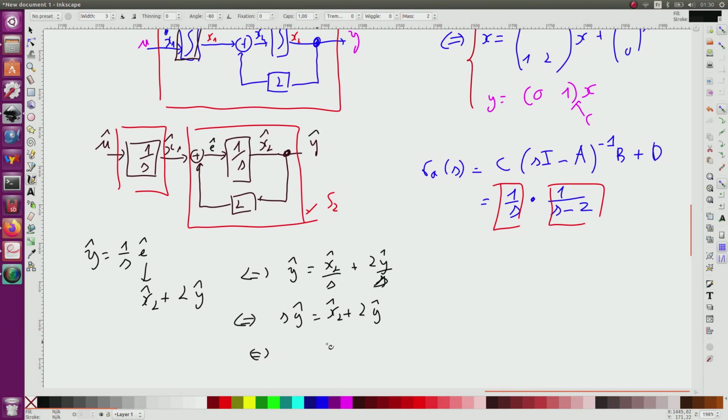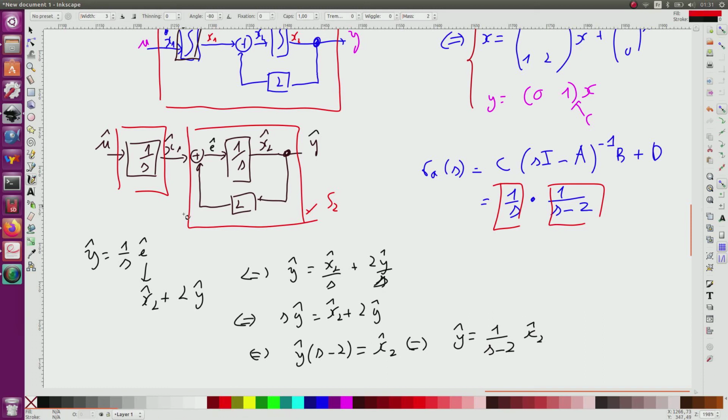which is equivalent to saying that y hat multiplied by s minus 2 equals x2 hat, so y hat is equal to 1 divided by s minus 2 times x2 hat.